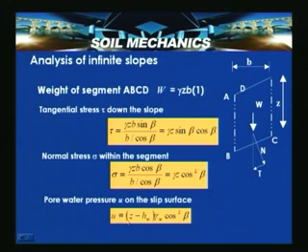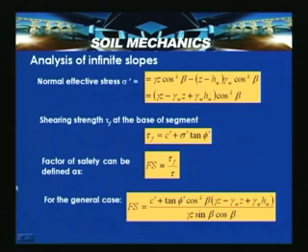So U is equal to (z minus HW) gamma w cos square beta along this surface. Now you know the tangential stress tau, the normal stress sigma within the segment, and the pore water pressure U on the slip surface. From this we can calculate the normal effective stress sigma dash, that is, total stress minus pore water pressure, which gives (gamma z minus gamma w z plus gamma w HW) cos square beta.